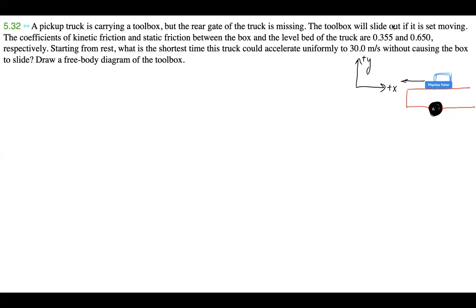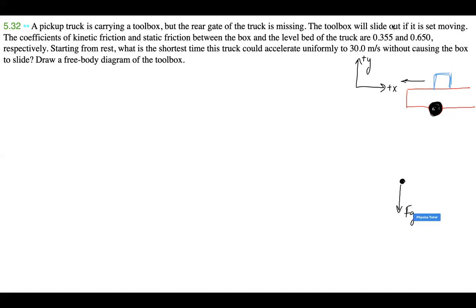Okay. So let's go ahead and draw a free body diagram first, so we can talk about all the different types of forces that are acting on this toolbox. Of course, we know that we have force of gravity, right?